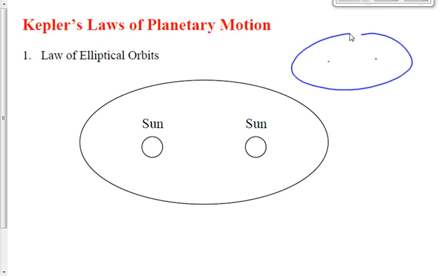Now, don't get this mixed up, okay? Which came first, the chicken or the egg? It's kind of one of those arguments here, almost. It's not that the Earth goes in an ellipse, and then the sun says, oh, okay, I'm going to be here, or I'm going to be here.